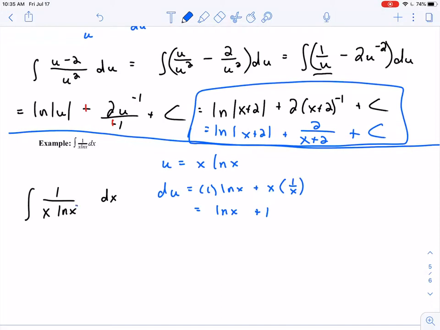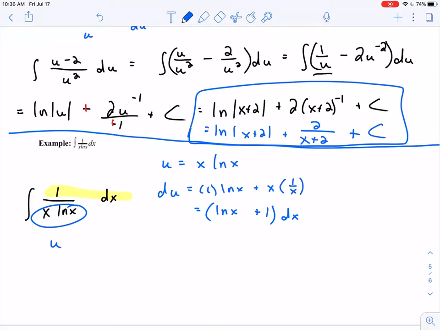So I say, okay, well, here's my u. And what do I have left over? I've really got 1 dx. And I've got this natural log of x plus 1 dx. I have this extra function of x that really I don't know what to do with.